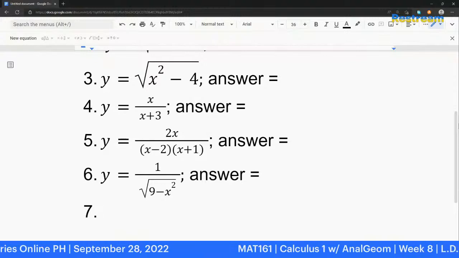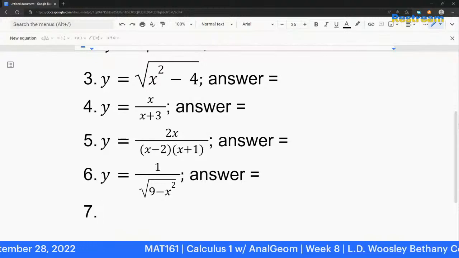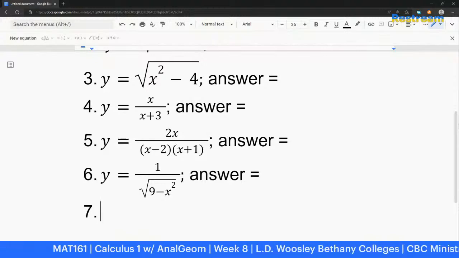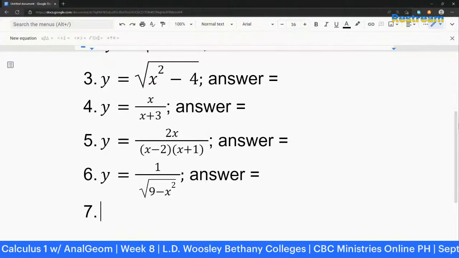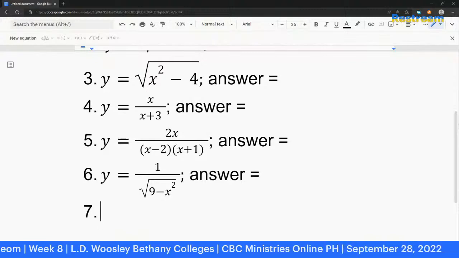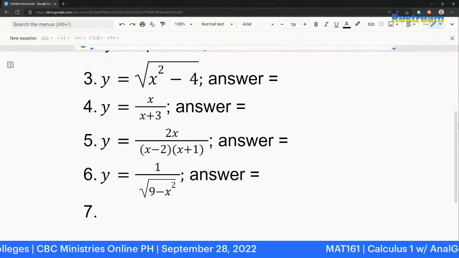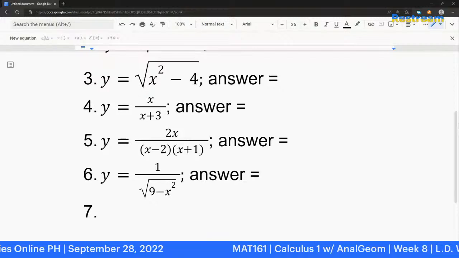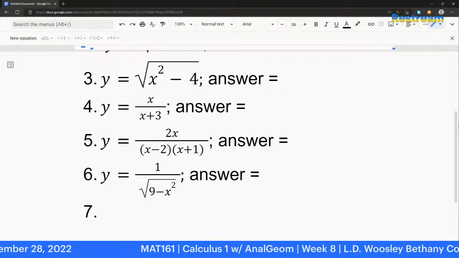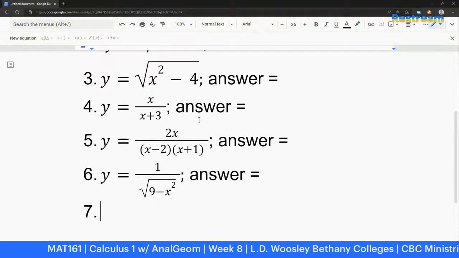What is the domain of the function? Okay. For Gian, letter number 4, no, hindi lahat ng numbers, kapatid. Except for 3. Ayan, nakibasa ko. Tama. Yes. Tama. Okay, correct.